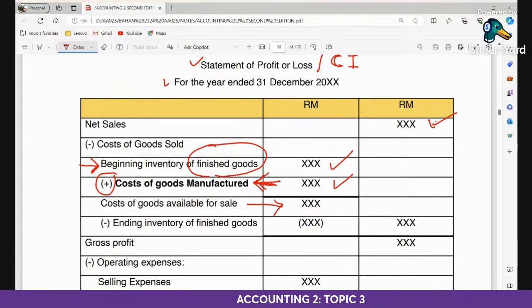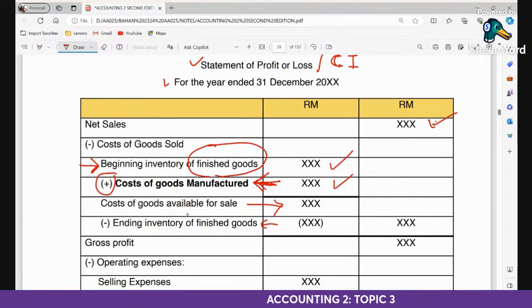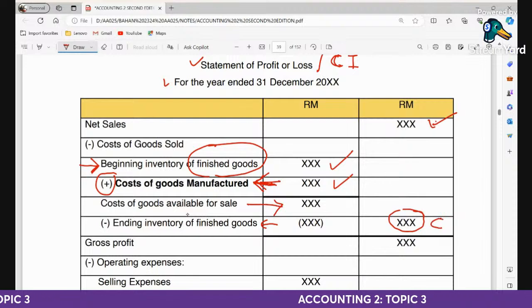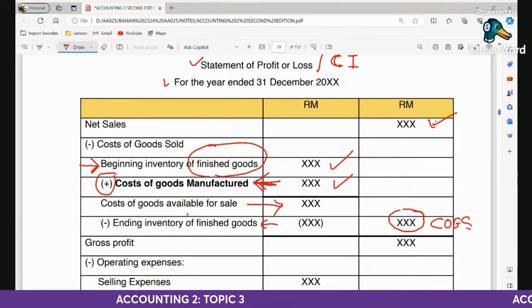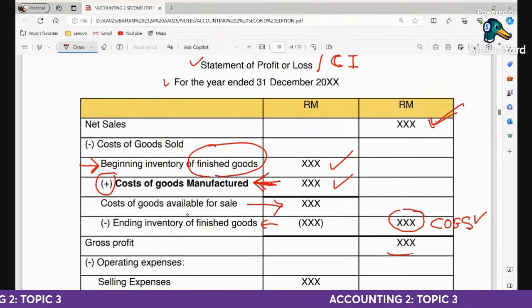Okay. Lepas tu kita tolak dengan ending inventory macam biasa, tapi make sure kita mention ending inventory of finished goods. Okay. So you akan dapat nilai ni. This is one actually. This is your COGS. Okay, so macam biasa, sales minus COGS, you akan dapat gross profit.